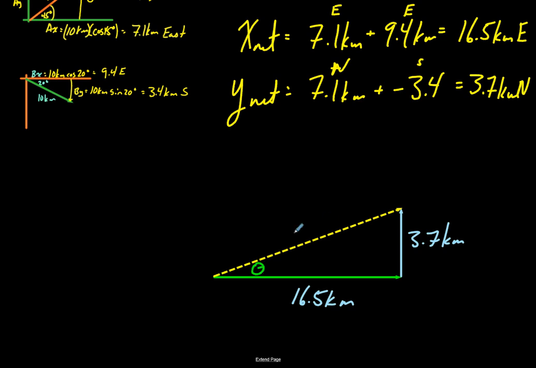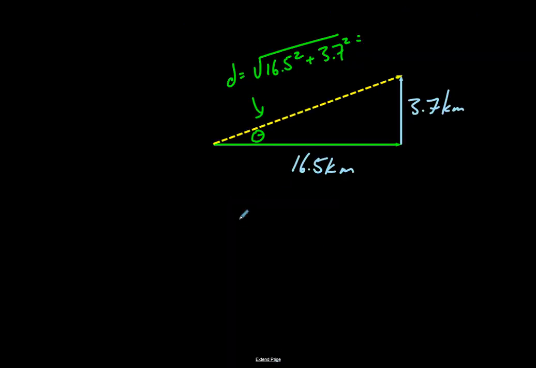Okay, so first we need to find the magnitude here. So the magnitude of the displacement is using the Pythagorean theorem. We have that. And then we need to find the value for the angle so we can get our direction.